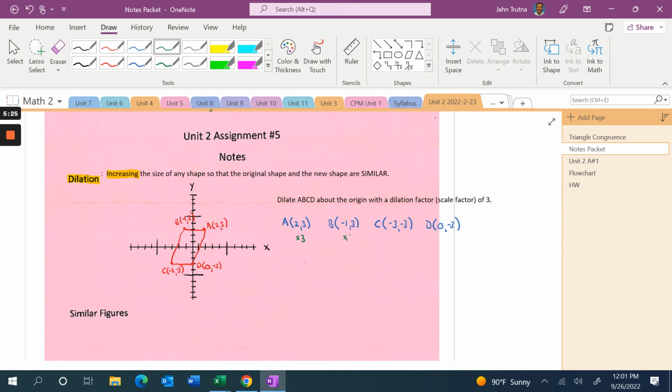The reason you multiply each coordinate by 3 is because the scale factor, or the dilation factor, is 3.